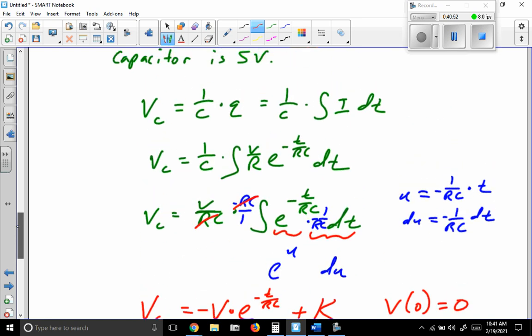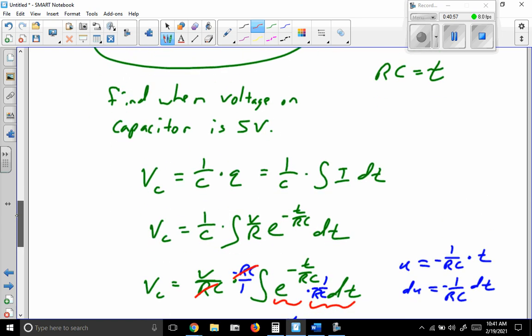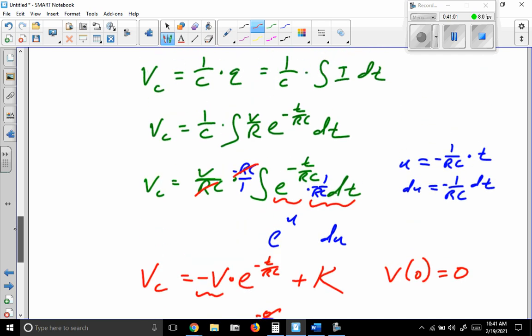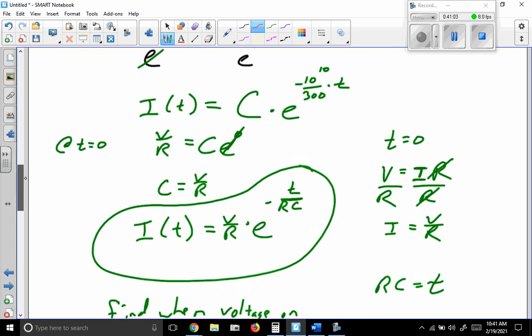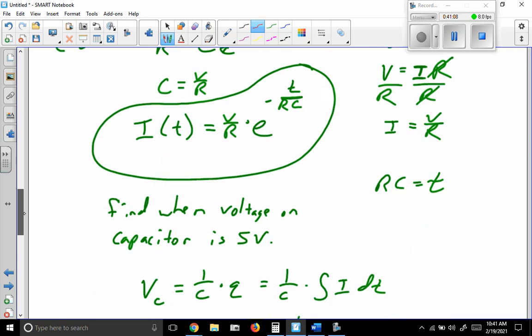Now, we went in just for illustration, and we left our variables in there. We left R, we left C, but we could replace those for our specific problem.